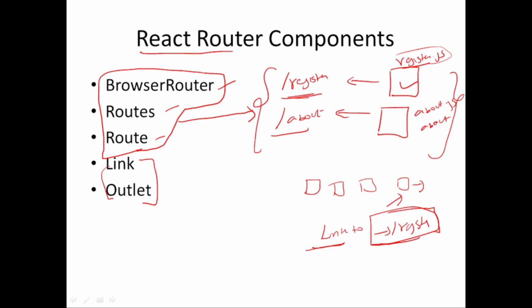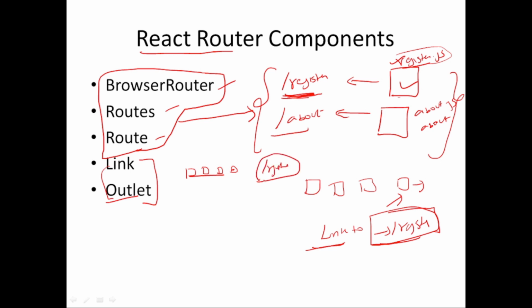When I'm linking to this URL, how will I know which component I should invoke? I'll have a dictionary which maintains that this URL is mapped to this component. Using that, that specific component will be rendered. Outlet is where your component will be rendered. Say I have this menu here, and when I click on an item, I'm linking to a URL, say slash register.